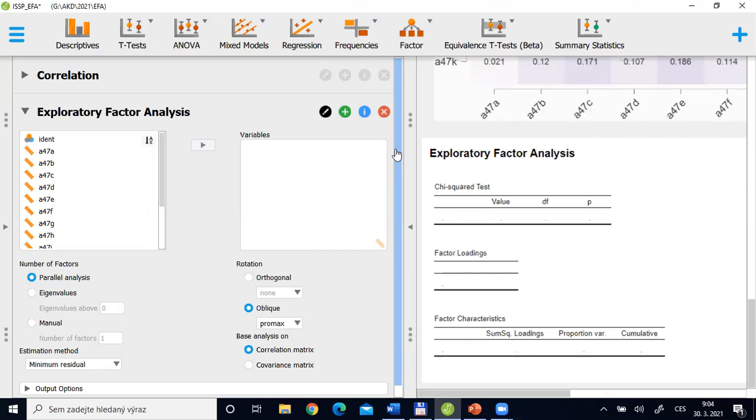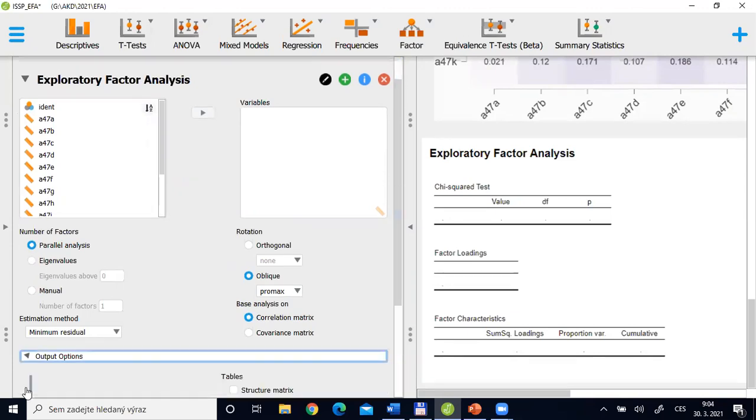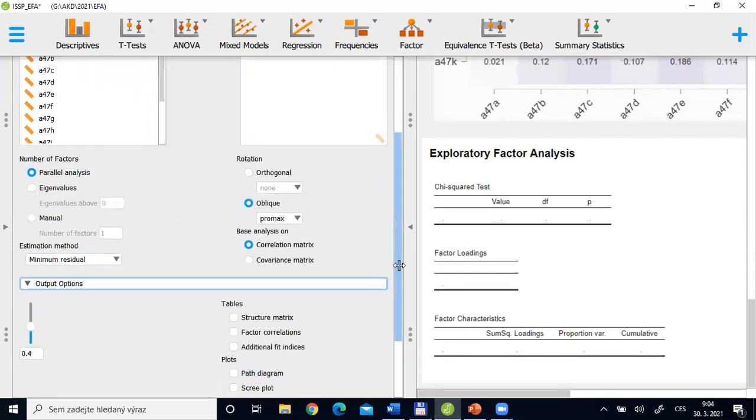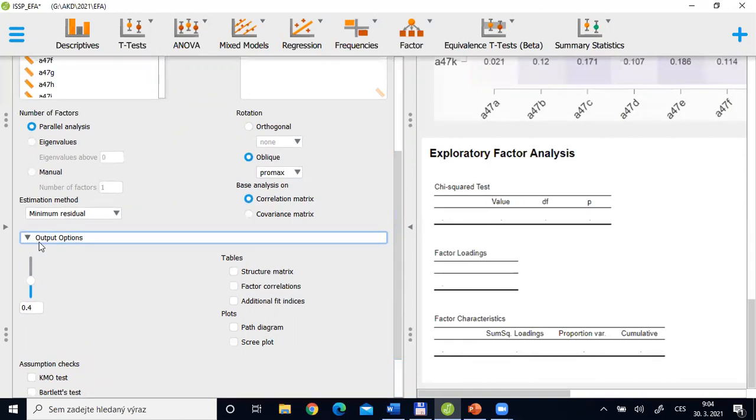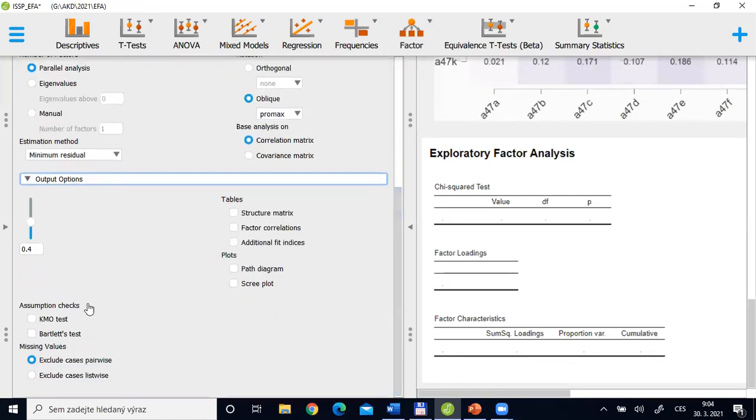I would like to warn you that if you are familiar with the dialog of exploratory factor analysis in SPSS, you wouldn't find many things here, and the opposite is also true. And if I would like to find output which tells me whether variables are closely related or not, I must go down to the output options, and I must ask here for the KMO test and Bartlett test.